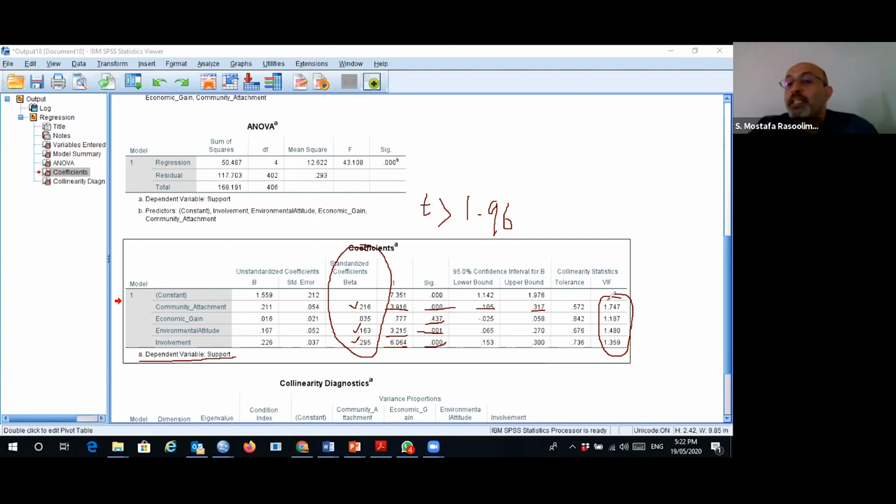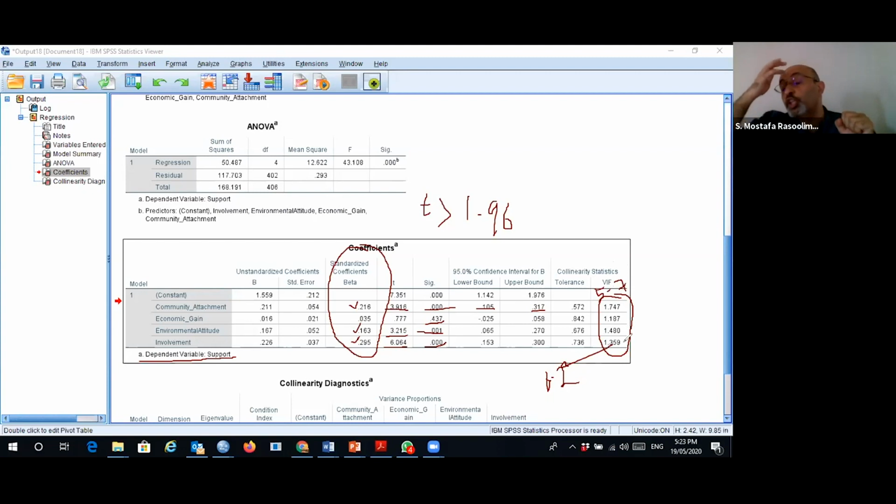If one of them is higher than 5, for example the first one is 5.7 and involvement is 6.2, it means you have huge similarity between community attachment and involvement.